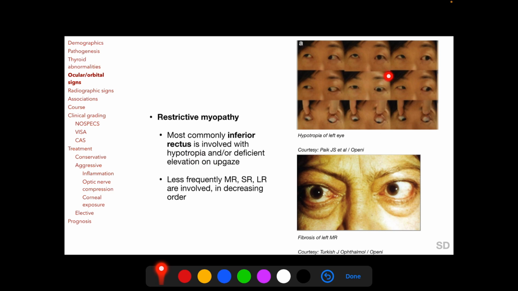So here we find left hypotropia in primary position and deficient elevation of the left eyeball on upgaze. Less frequently, medial and superior recti can be involved, and lateral rectus is involved only infrequently, and this sequence, medial, superior and lateral recti, are in decreasing order of frequency of involvement in thyroid eye disease.